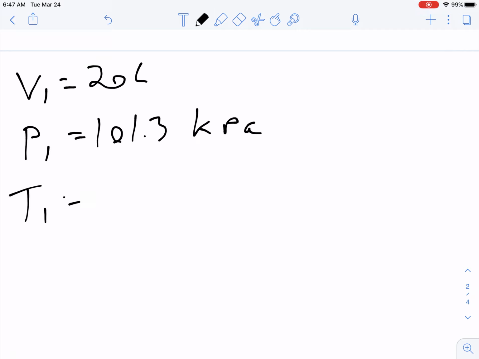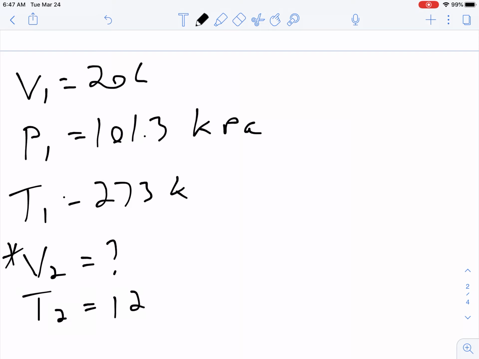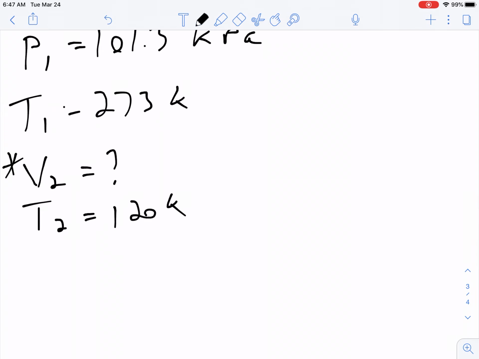Temperature 1 is 273 Kelvin. Volume 2 is unknown. That's our goal. Temperature 2 is 120 Kelvin. And pressure 2 is 145 kilopascals.